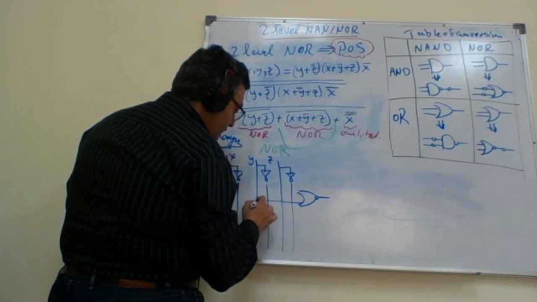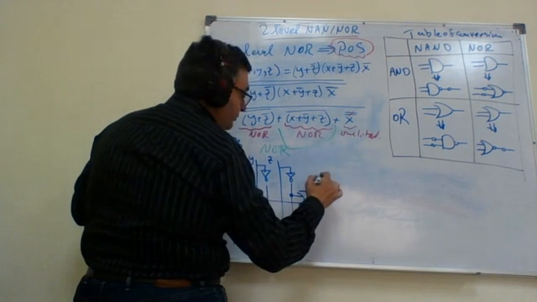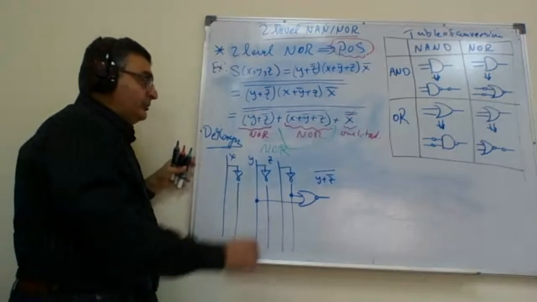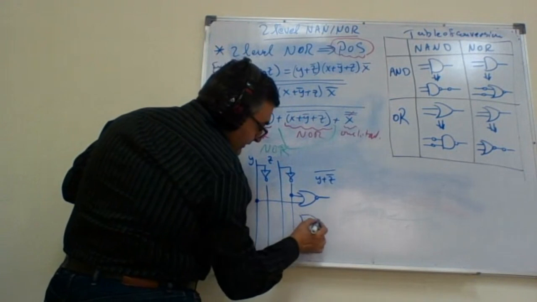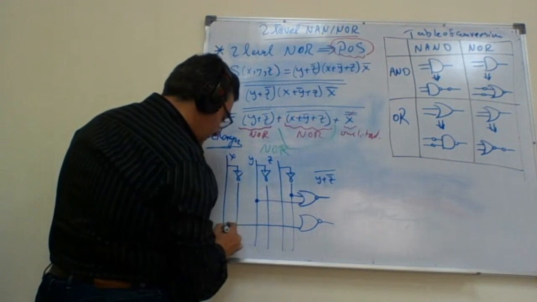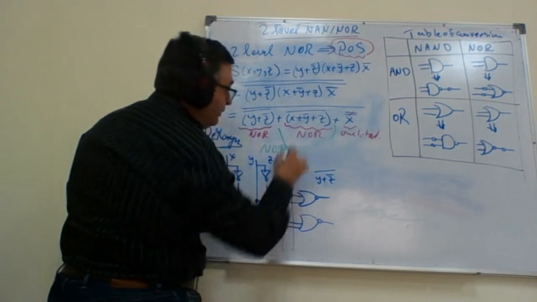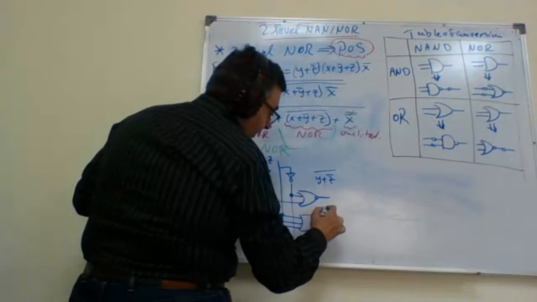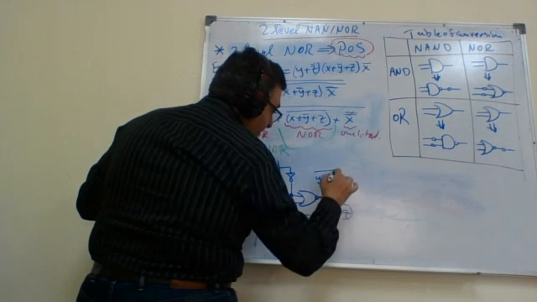This is a branch for Y. This is a branch for Z bar. This will give me Y or Z bar complement, which is the NOR. Next term here is another NOR gate. This NOR gate is connecting X with Y bar with Z. So the term here is X or Y bar or Z, complemented.